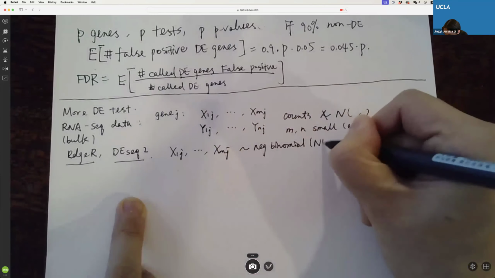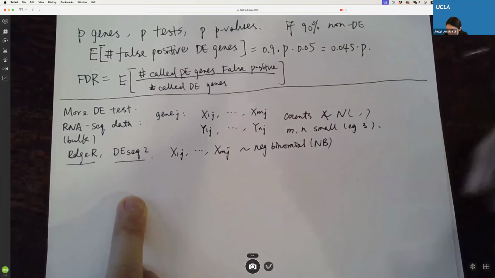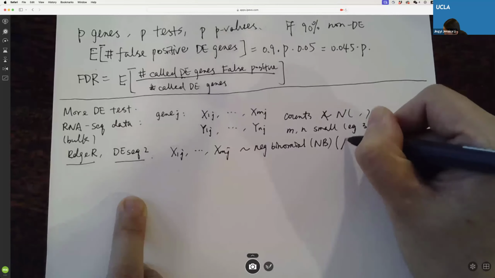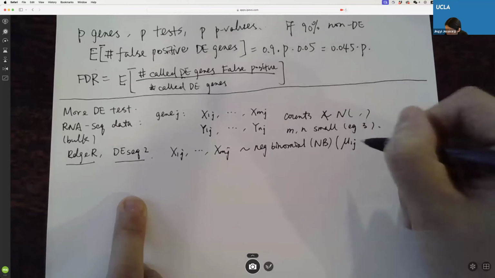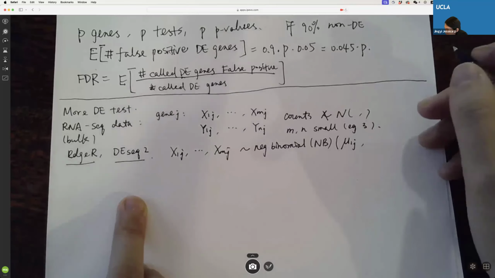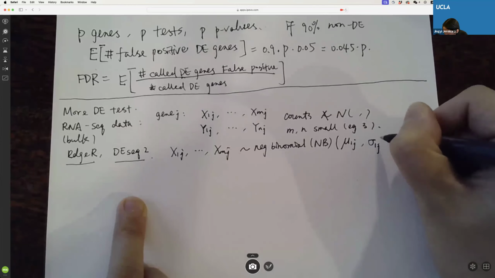Same as the normal distribution, the negative binomial distribution has two parameters: mu1j, which is the mean of condition 1, and a variance, which I'll call sigma 1j squared.